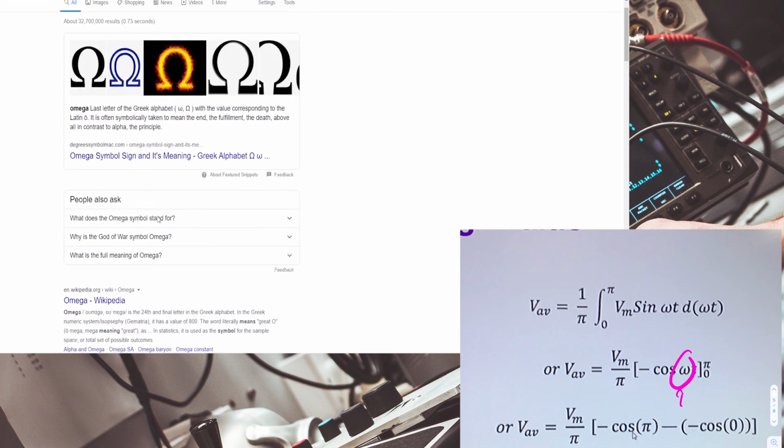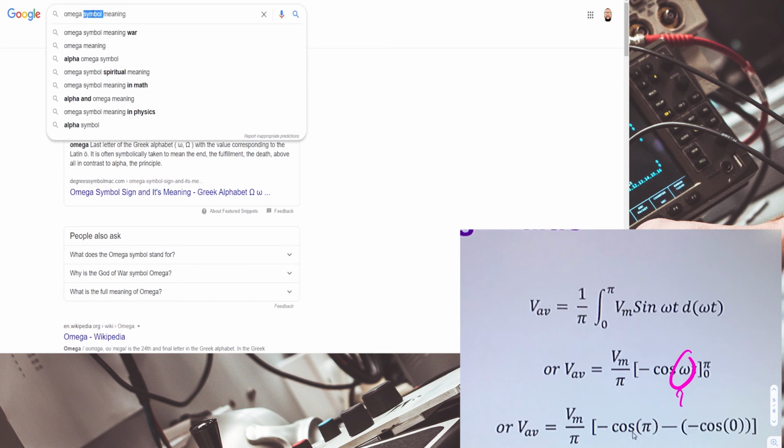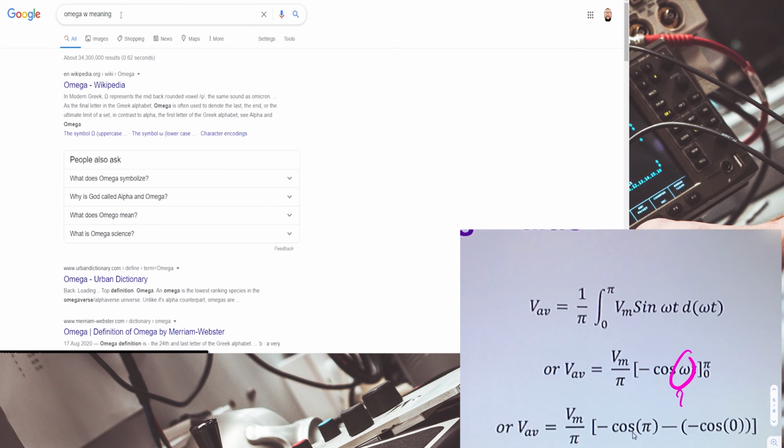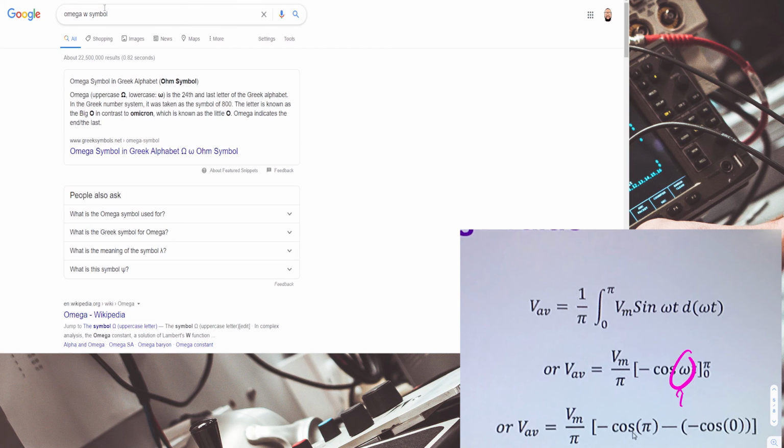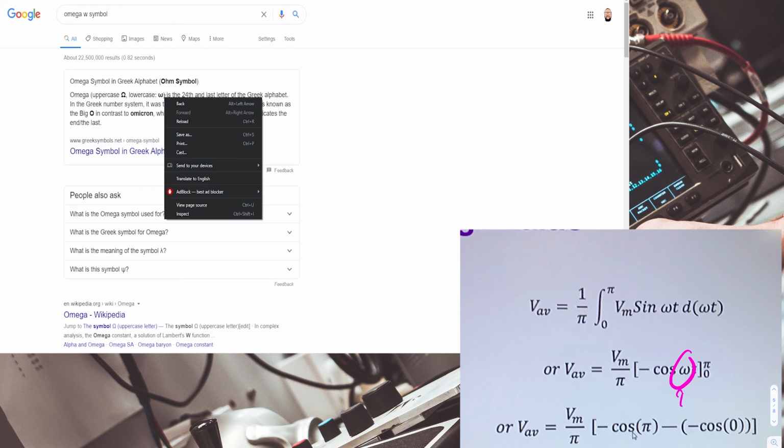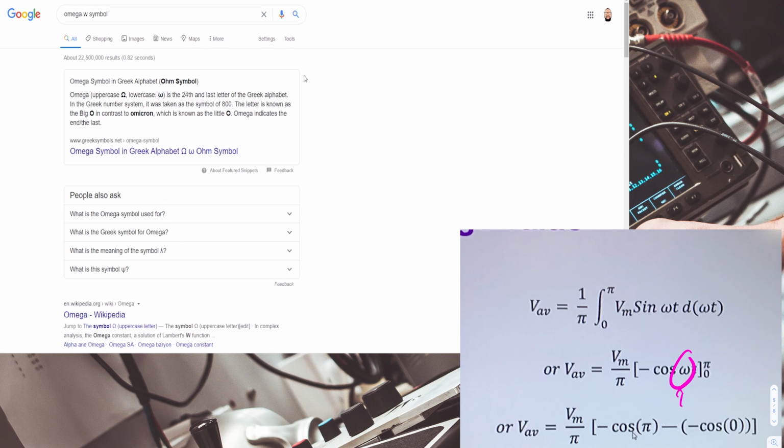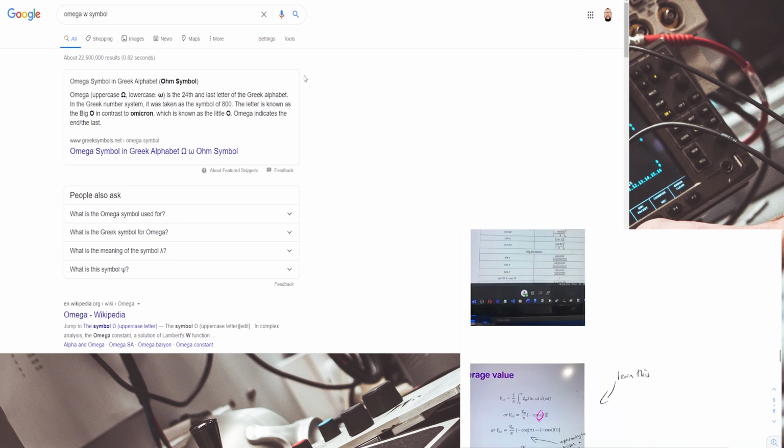No. The omega W symbol. Oh, it's the lowercase version of it. They don't teach us the Greek alphabet in school, so I don't know why. You could at least elaborate on what it is. Bloody hell. Alright, anyways.